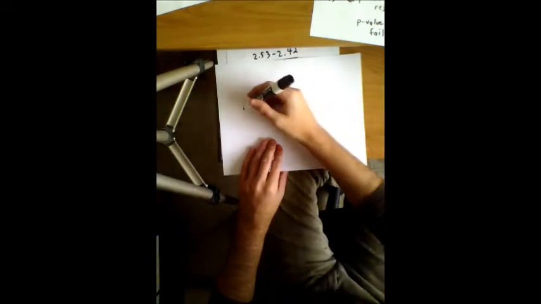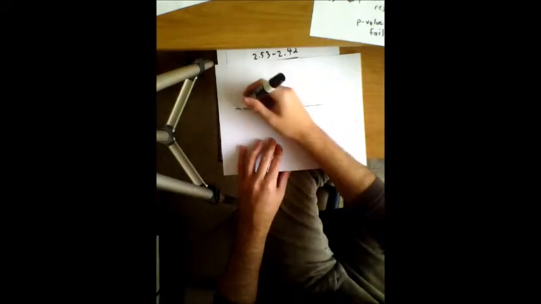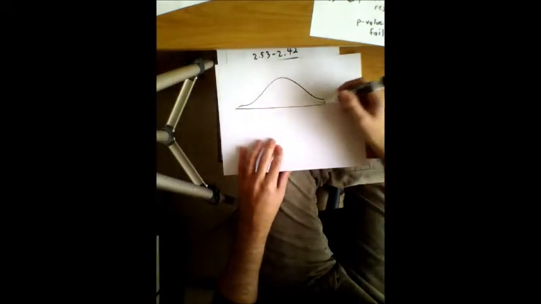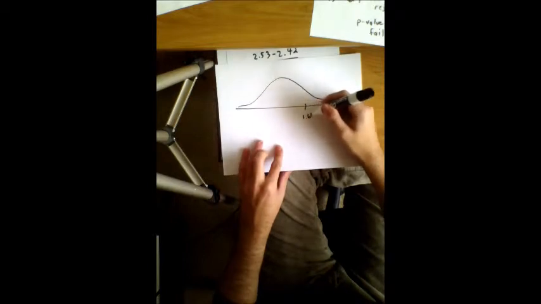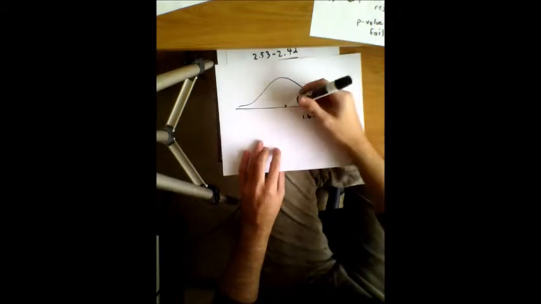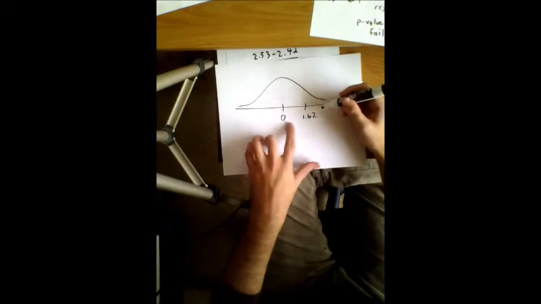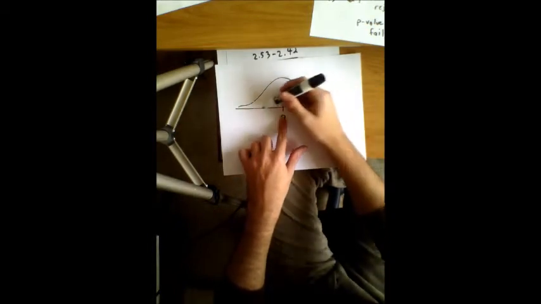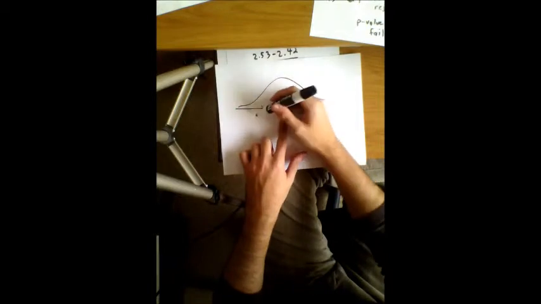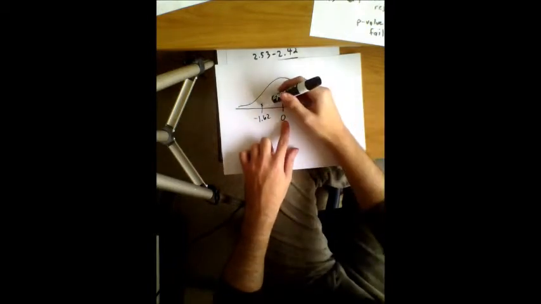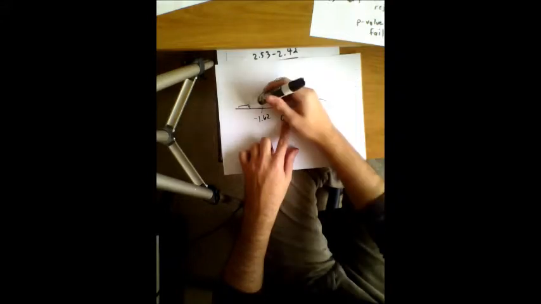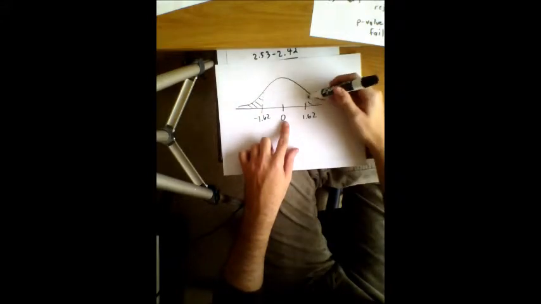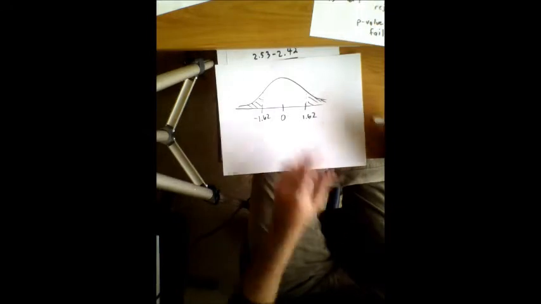To draw this out, we found 1.62. Remember, we've standardized this, so we could miss it to the right by 1.62. We could also miss it to the left by 1.62. This is why I want both the positive and the negative. So I have the two-sided p-value.